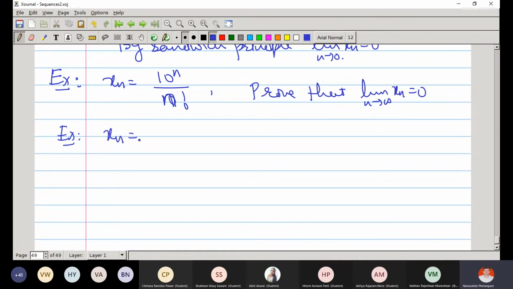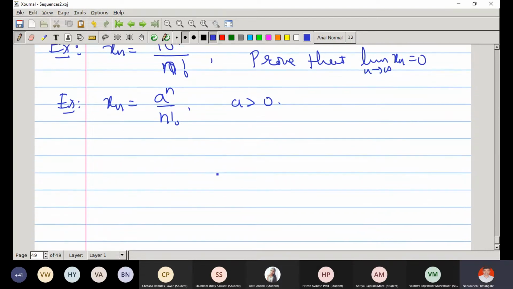Now, if I look at the sequence xn equals a raised to n upon n factorial, provided a is positive. Can you generalize the same idea now? Yes, sir.